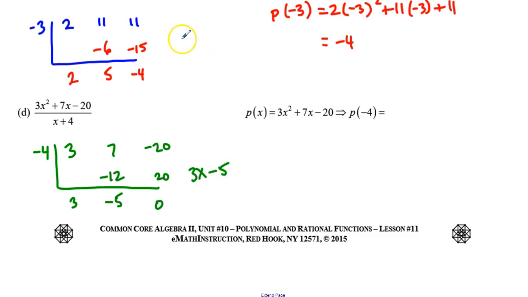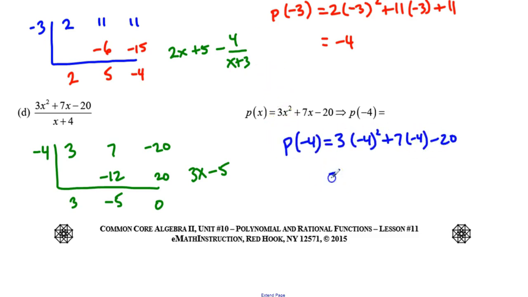I forgot to write the previous one out. Let me do that. This would be a 2x plus 5 with a remainder of negative 4. So I'll write negative 4 over x plus 3. Okay, and finally, new color. When you work all that out, it works out to be 0.